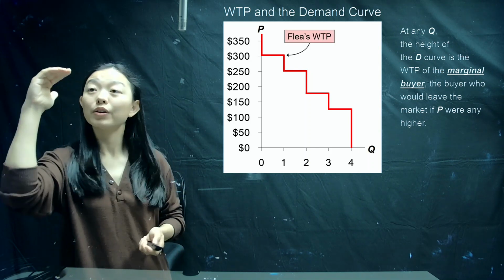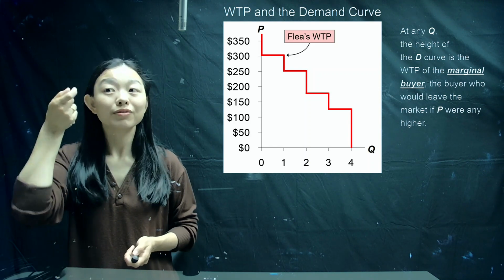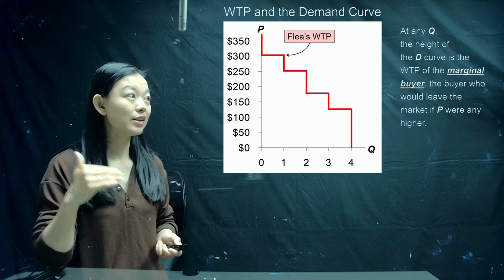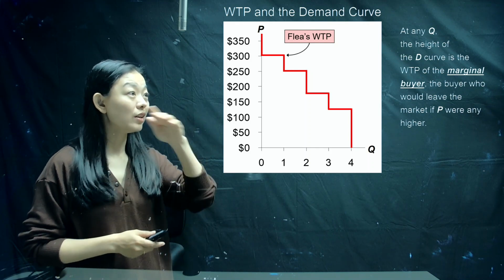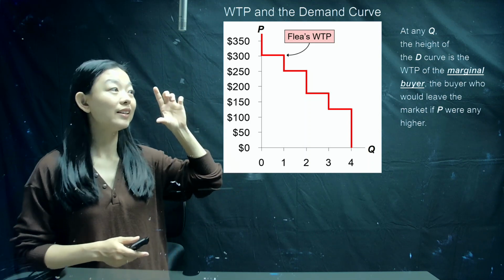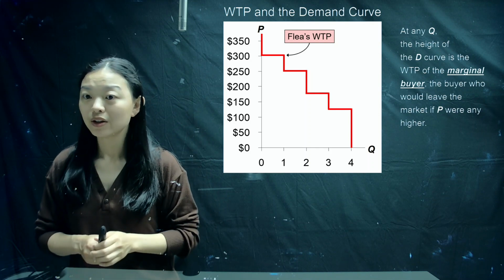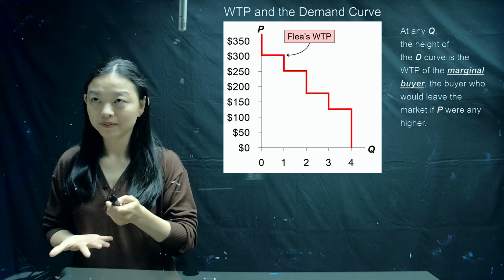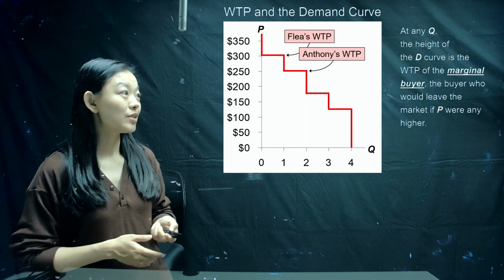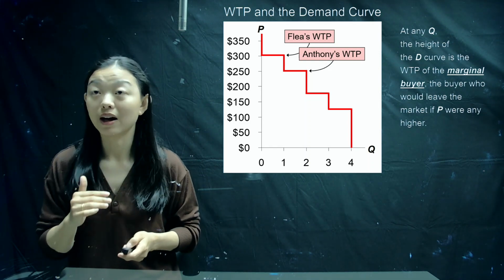So we can see here $300 measures Flea's willingness to pay because Flea is the marginal buyer. And you can see when quantity increases to 2, the height of the demand curve decreased to $250. So who is the marginal buyer? Anthony is the marginal buyer, right? So you can see Anthony's willingness to pay is $250.